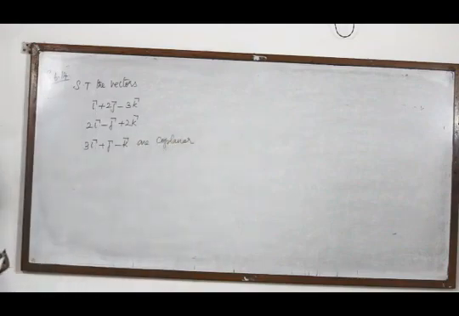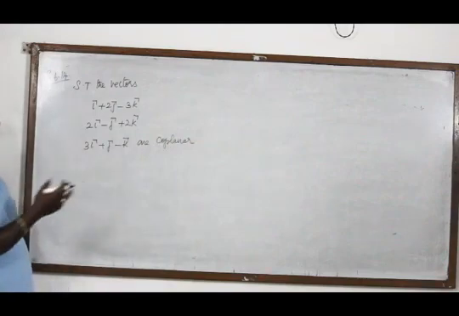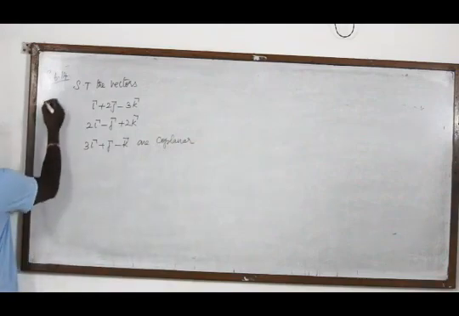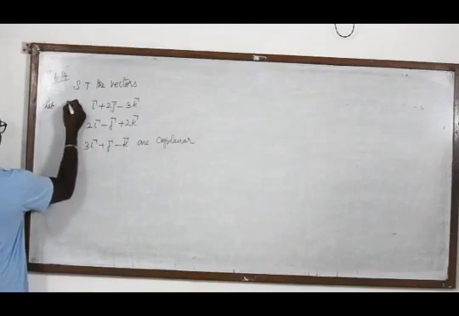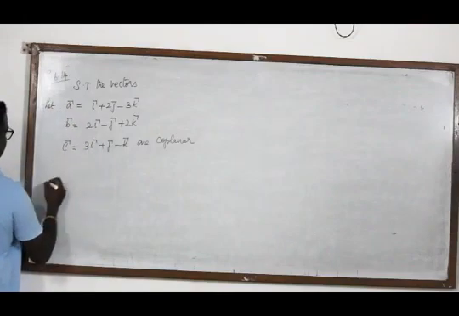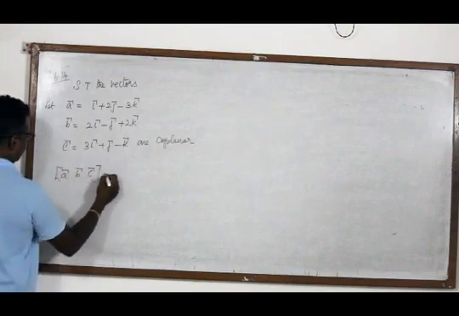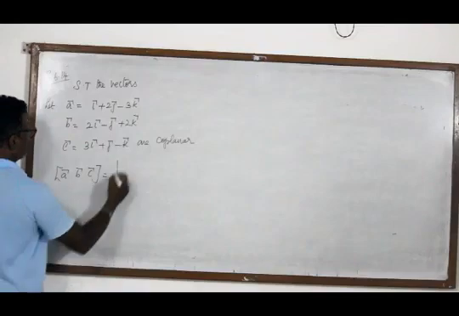We shall just find the box product. If the box product becomes 0, then they are coplanar. So let me take these vectors as A vector, B vector, C vector. Then the box product of A, B, C equals the determinant, isn't it?